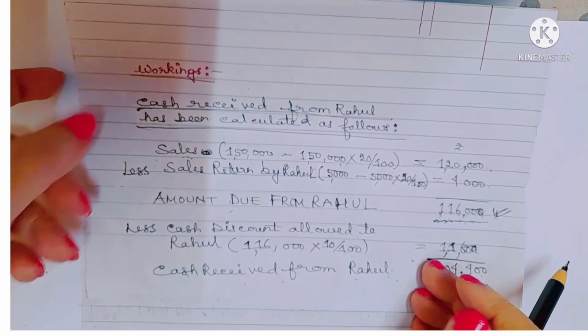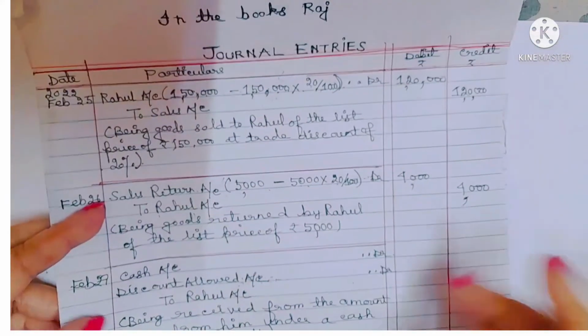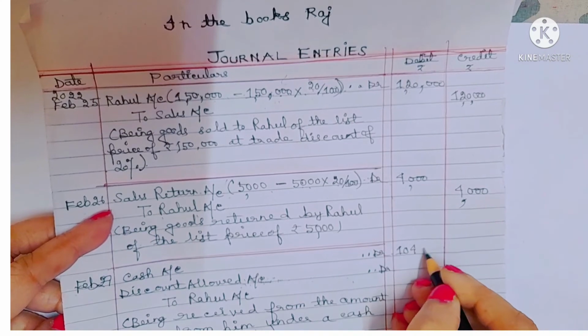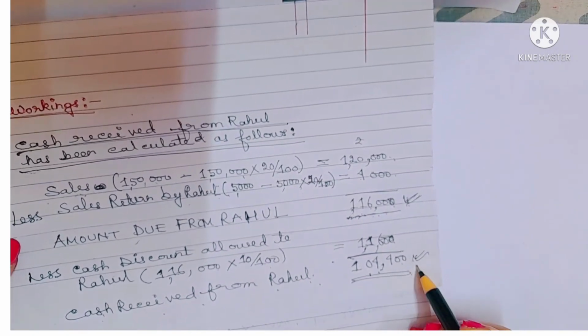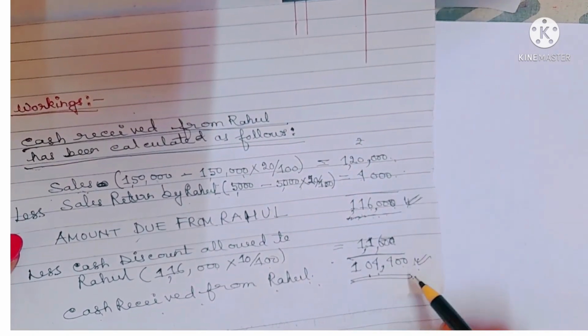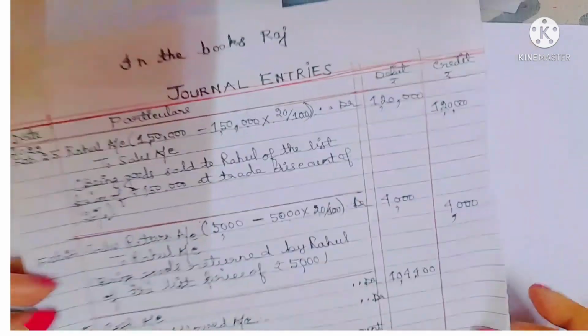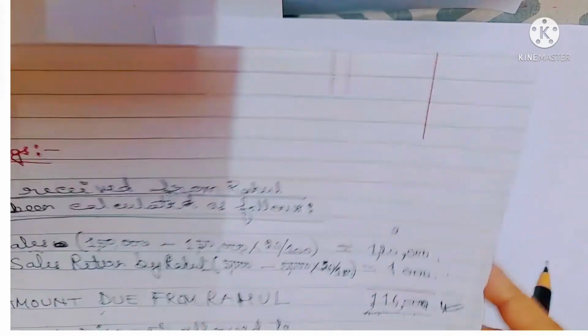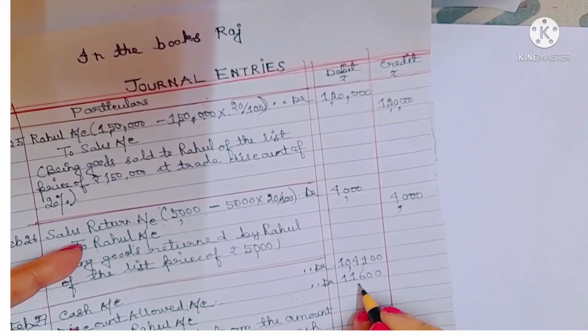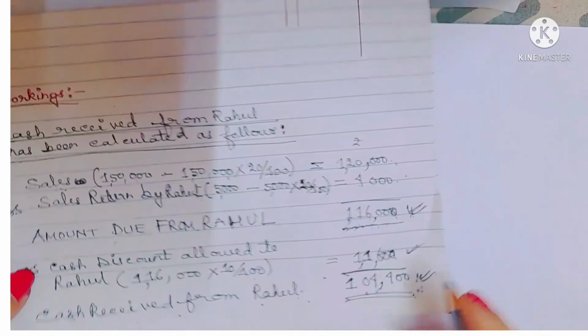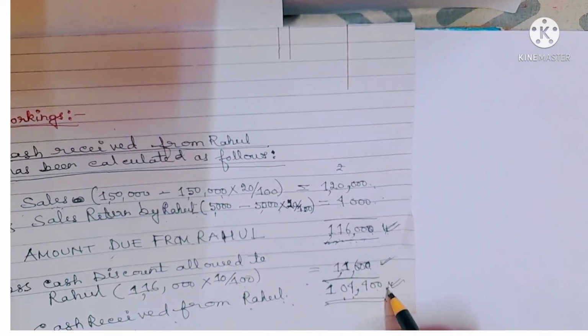Okay. So now let me write down the amount. Cash is 1,04,400. See, this is the final amount after deducting cash discount. First was trade discount and then cash discount. Discount allowed, how much? 11,600. How much are we getting from Rahul? 1,04,400.